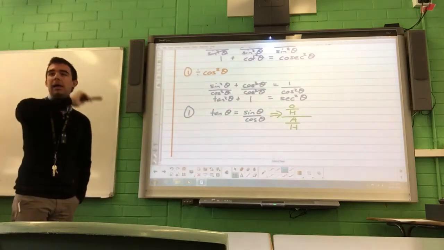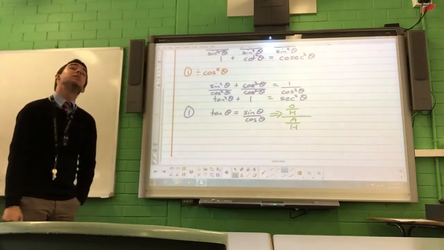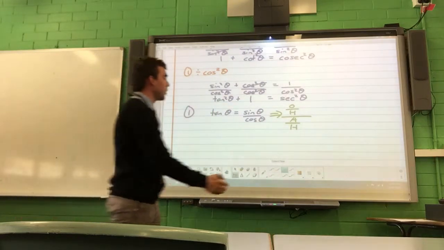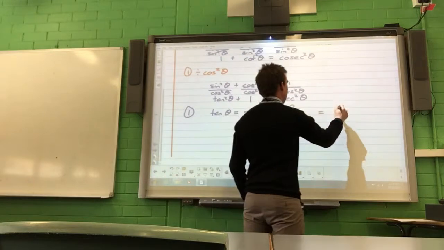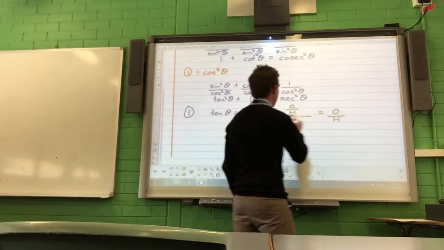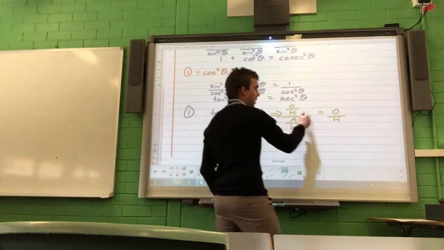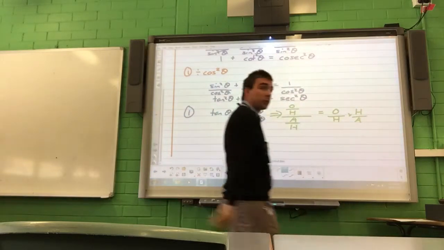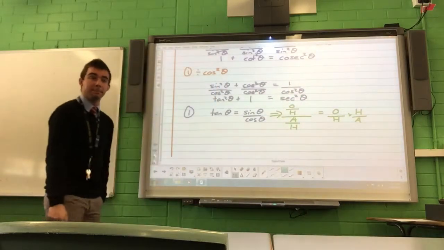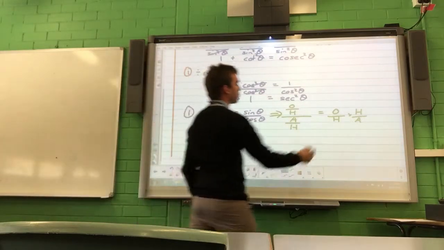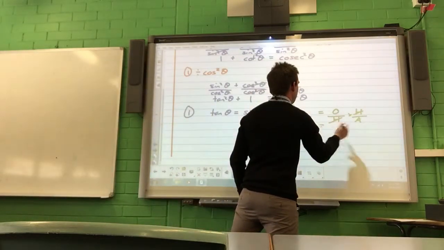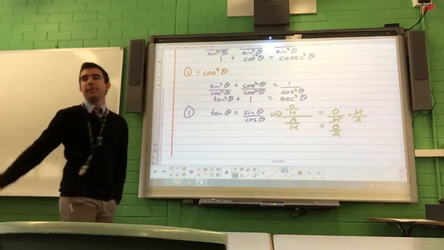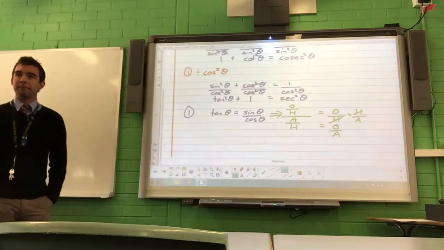Now remember way back in chapter 1 or 2, when we're dividing by a fraction, we multiply by the reciprocal. So O over H, we are dividing by that fraction here. So when I divide by a fraction, I'll multiply by the reciprocal, A over H. Your H's cancel, which is O over A, which is tan of theta, with your right angle triangle.